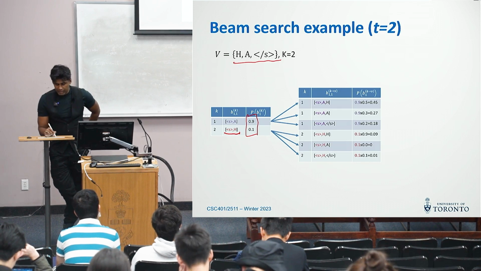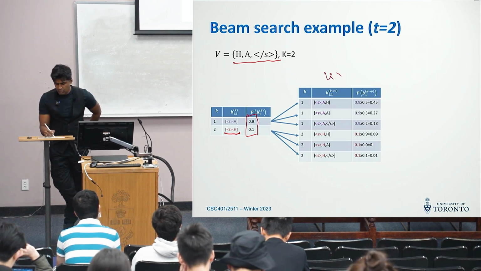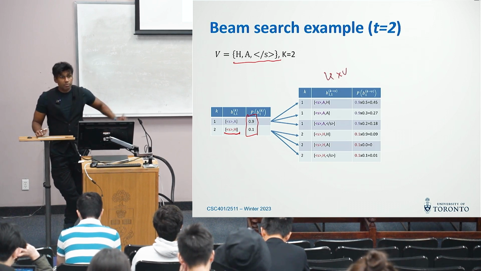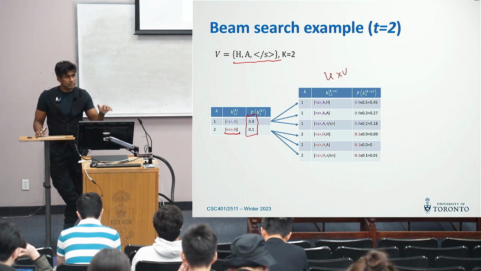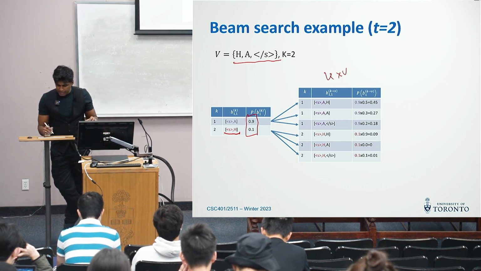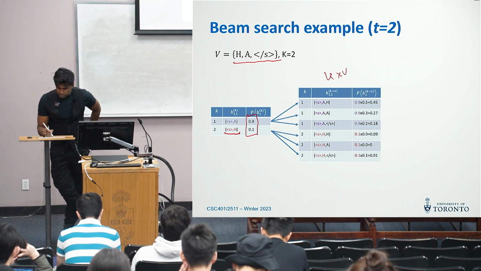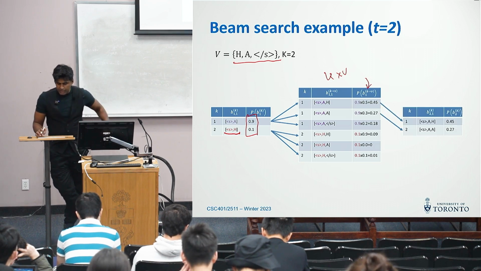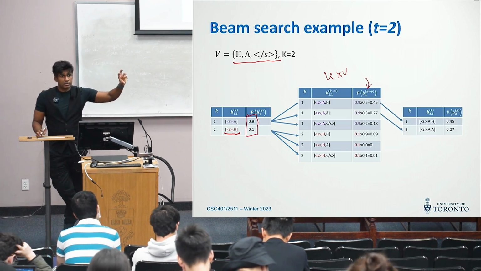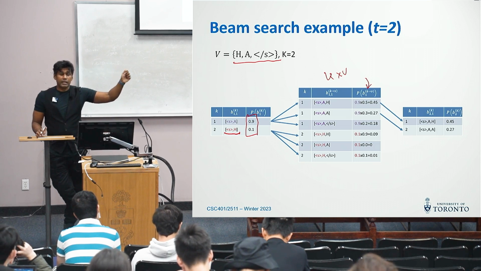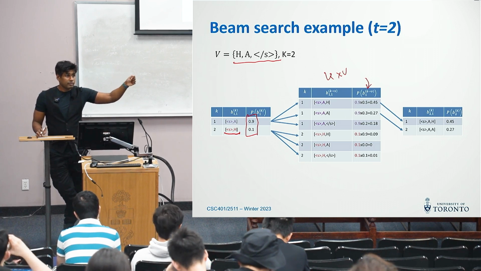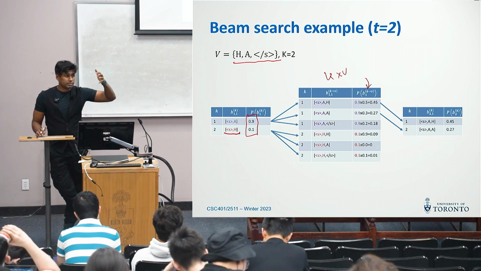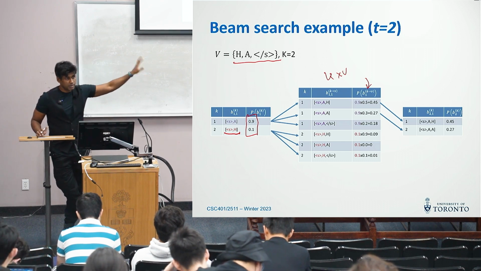Again, we have then K into V possible paths. Agree? Okay. And then we calculate the new probability. So this here shows the new probability. And then again we pick the top 2. Okay? If our beam size would be 5, we would be picking the top 5 probabilities from the possible probabilities.